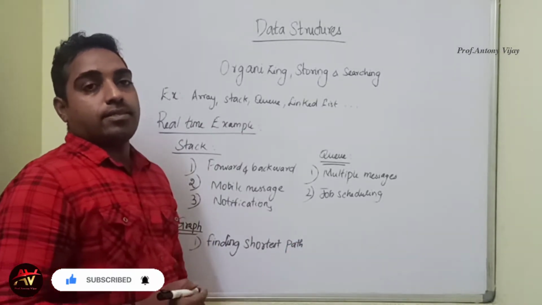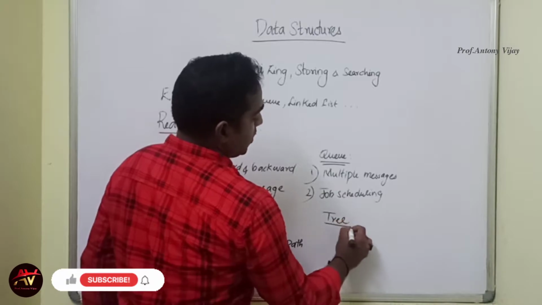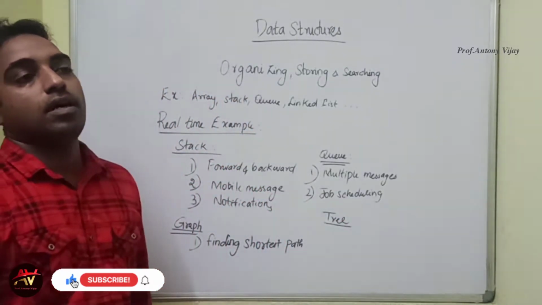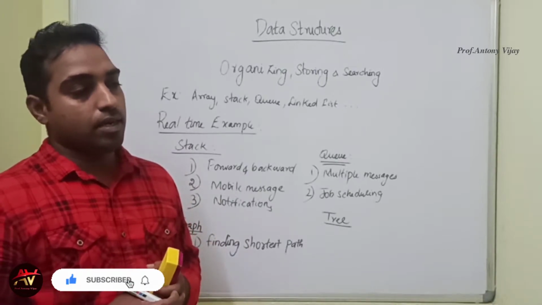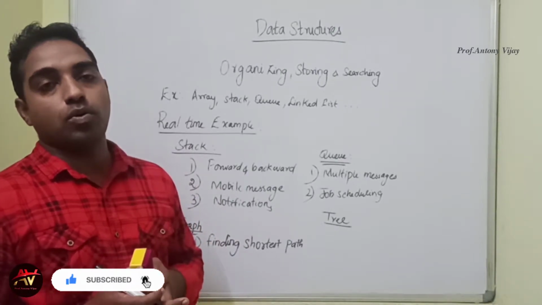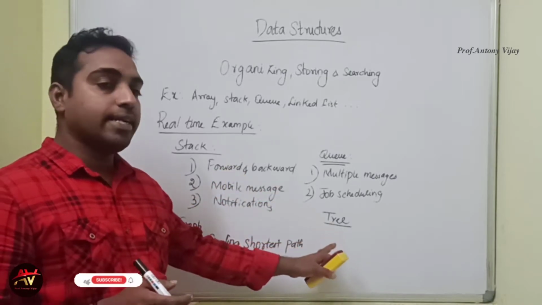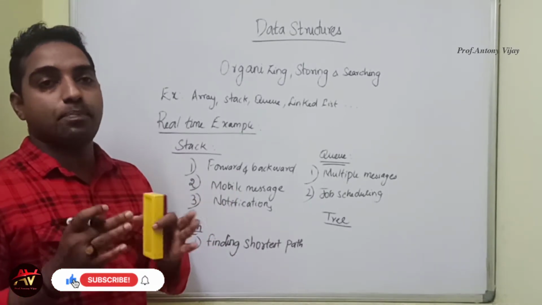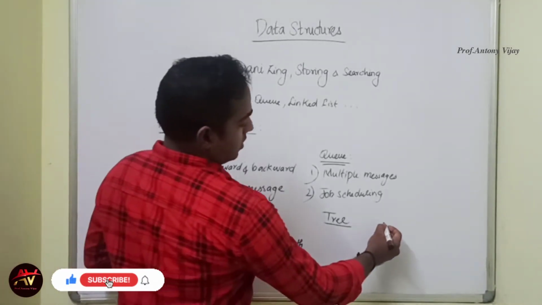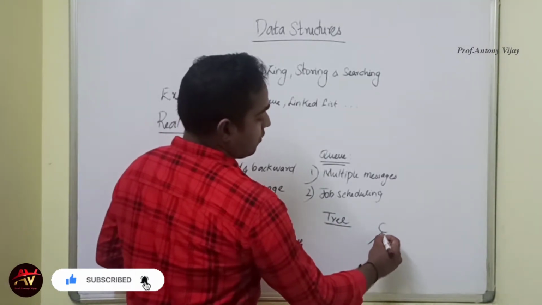So next data structure is tree data structure. Usually tree can be used in computer files, or you can say mobile files. Especially when I talk about computer, files are managed by tree data structure only. For example, if I consider C partition, it can have a lot of folders like this.